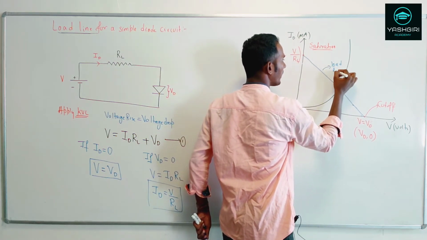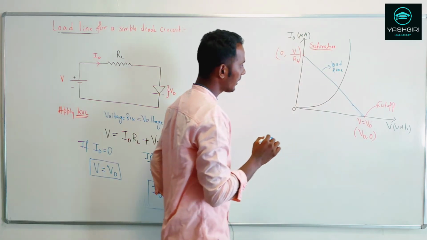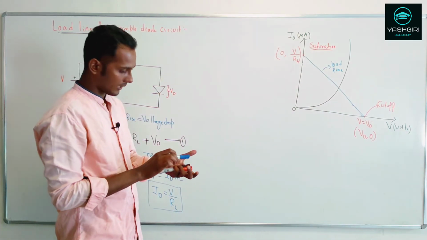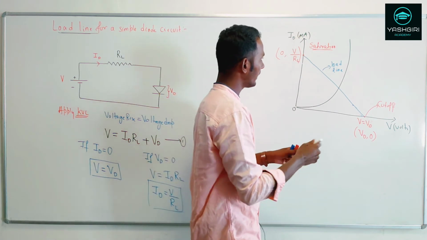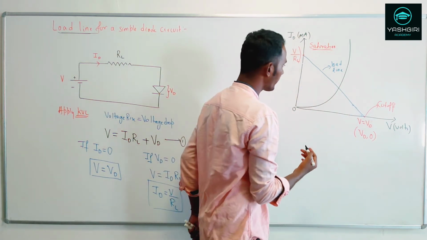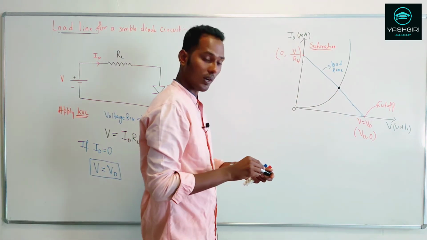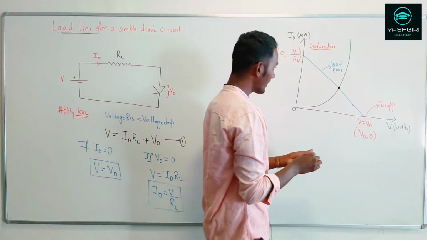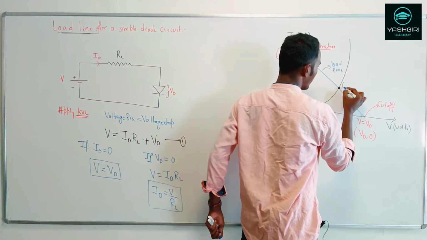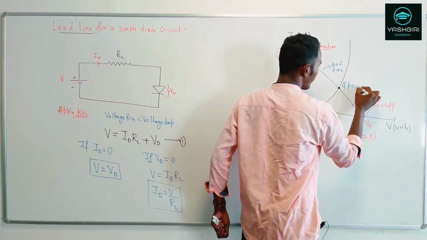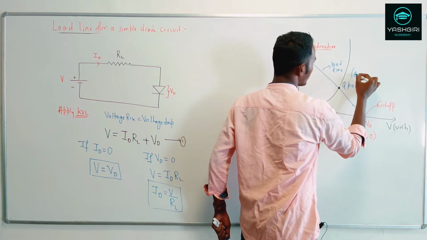This is my load line, and the point at which this load line intersects with the forward characteristics curve of a diode is called the Q point, or the operating point.